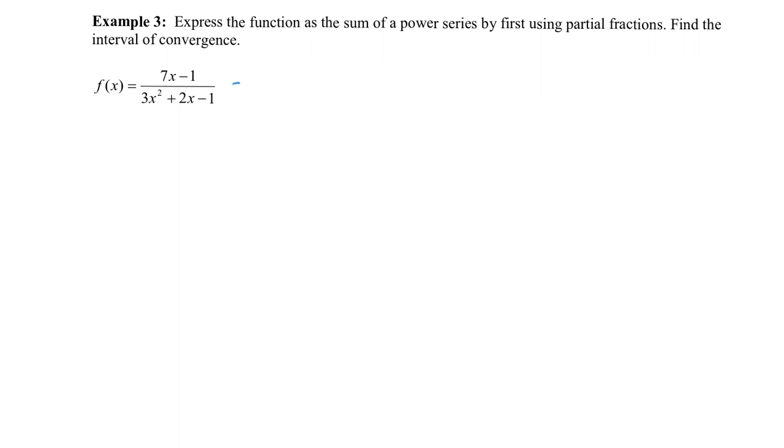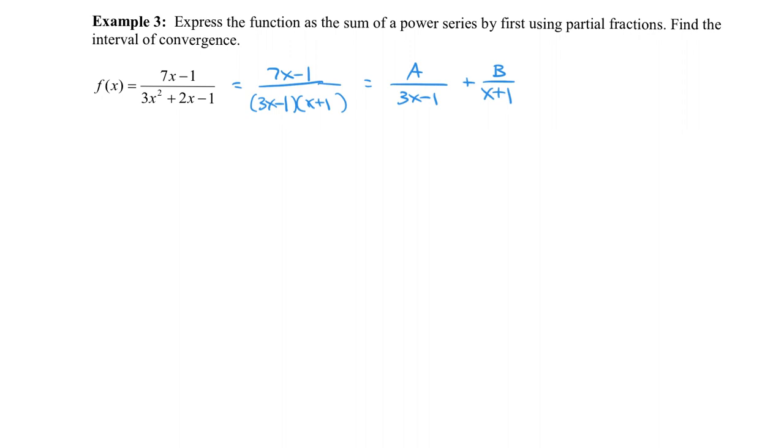So with partial fractions, the first thing we did is we had to factor that denominator. If you factor that denominator, we end up with 3x minus 1 times x plus 1. Then we said, okay, we're going to write A over 3x minus 1 plus B over x plus 1.